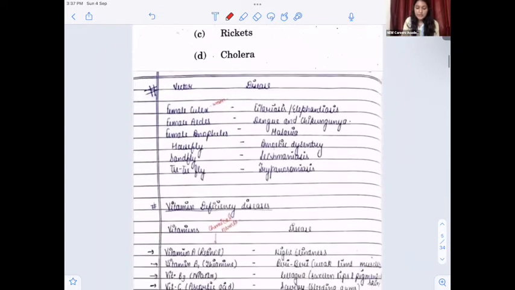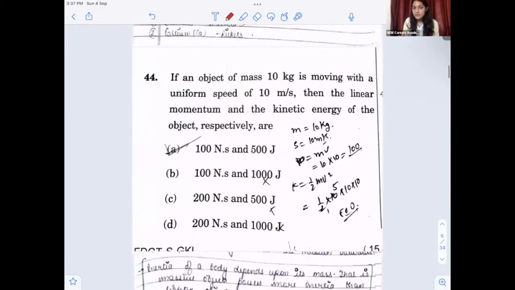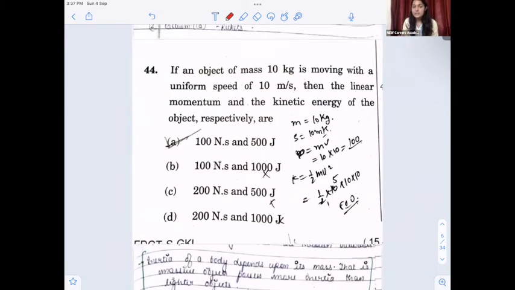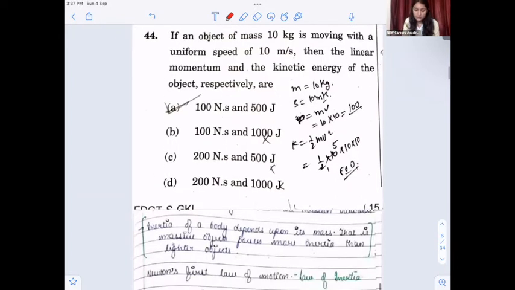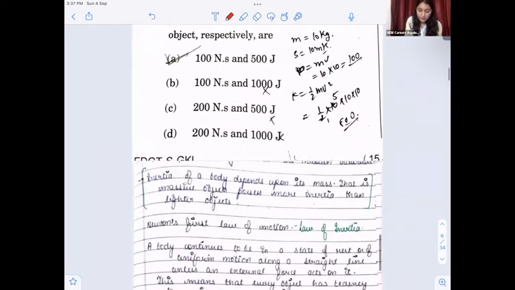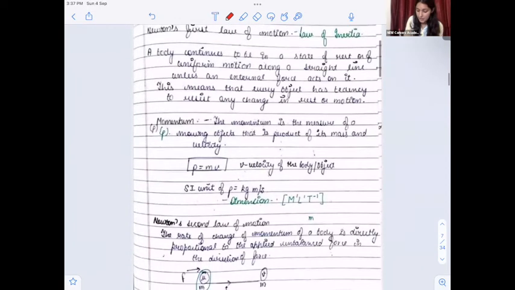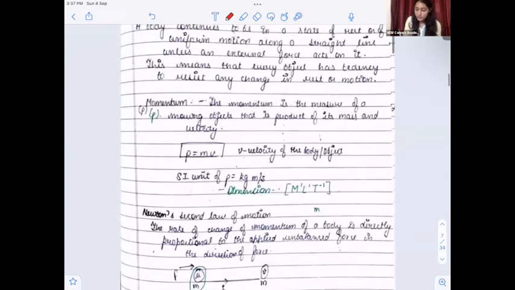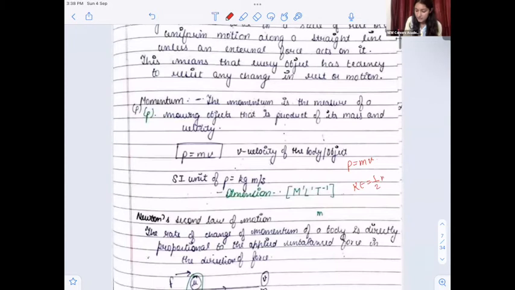Next question, if an object of mass 10 kg is moving with the uniform speed of 10 meter per second, then the linear momentum and kinetic energy of the object respectively are. So this is formula for linear momentum, p is equal to m into v, and formula for kinetic energy is half mv square.